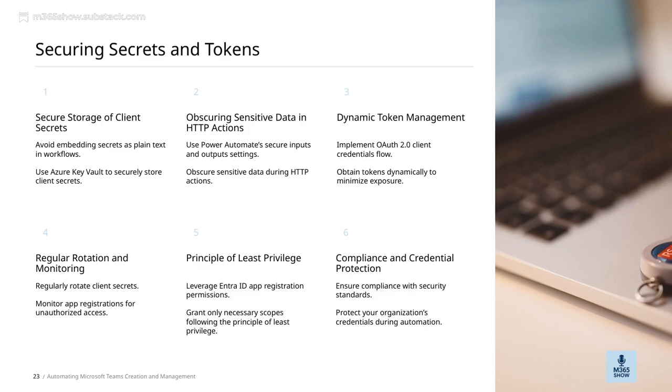Instead, use secure storage solutions like Azure Key Vault to store client secrets safely. This way, sensitive data remains protected and separate from the workflow logic. By combining these strategies, strict permissions, regular secret rotation, dynamic token management, and secure storage, we build a robust security framework that aligns with our overall goal of secure and compliant automation.